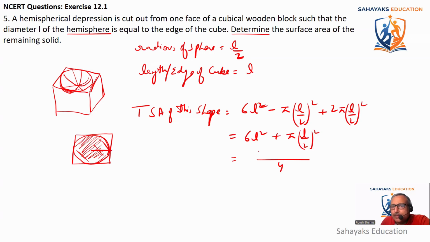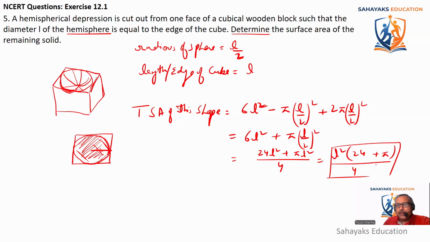So it becomes 24L square plus pi L square, or if we take L square as common, it becomes L square into (24 plus pi) divided by 4. So this is the answer which has come up.